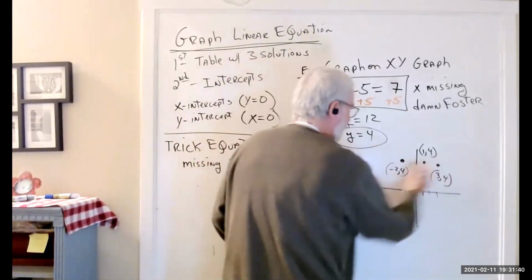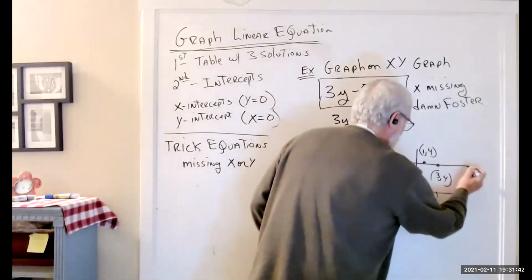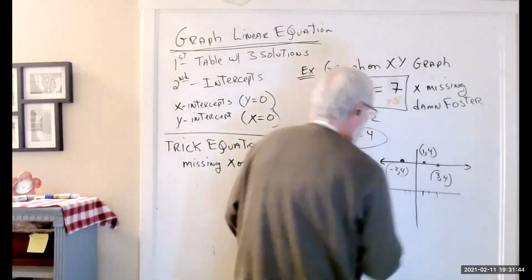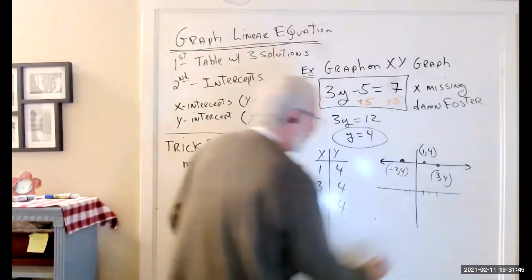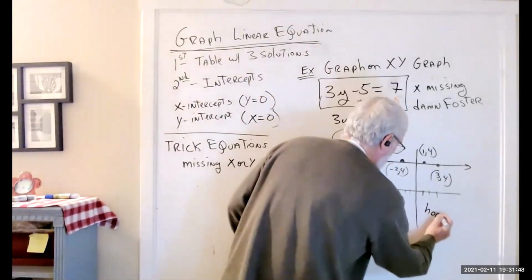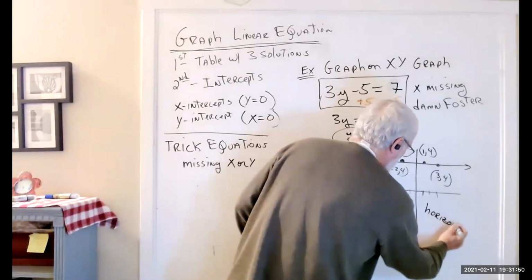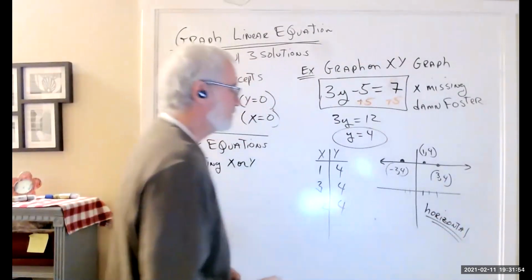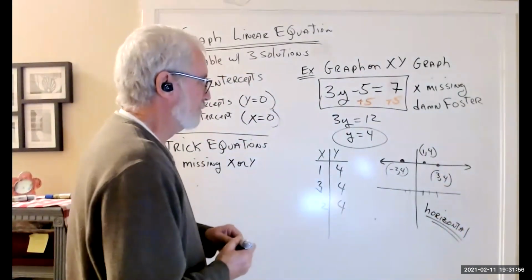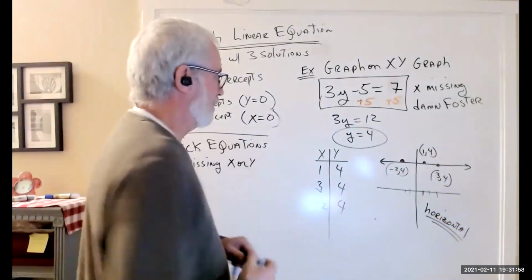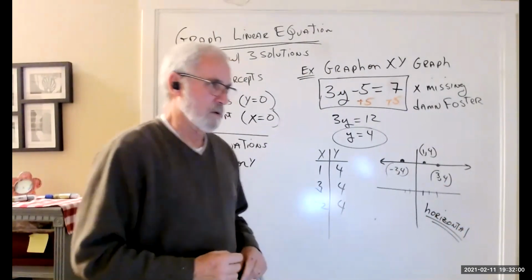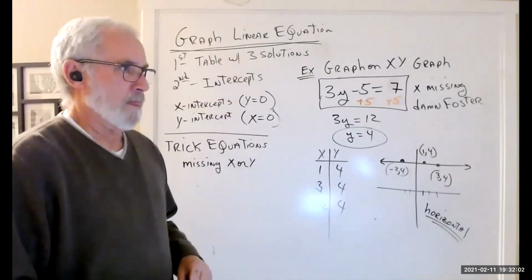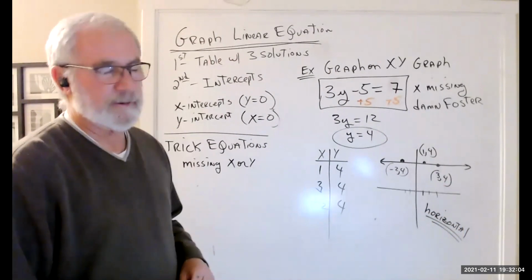And we can see from those dots that it probably looks like that. So it's a horizontal line. So if you're missing a Y or an X, likely the line is just going to be straight in whatever axis that you have. Yes.